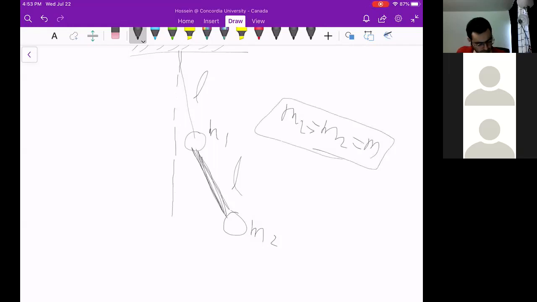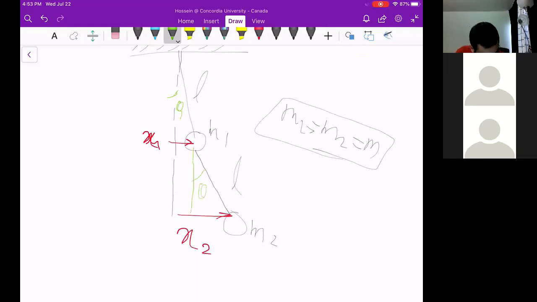And this is given as X1, and this is also given X2, X1, X2, and this is going to be theta 1, and this is going to be theta 2.